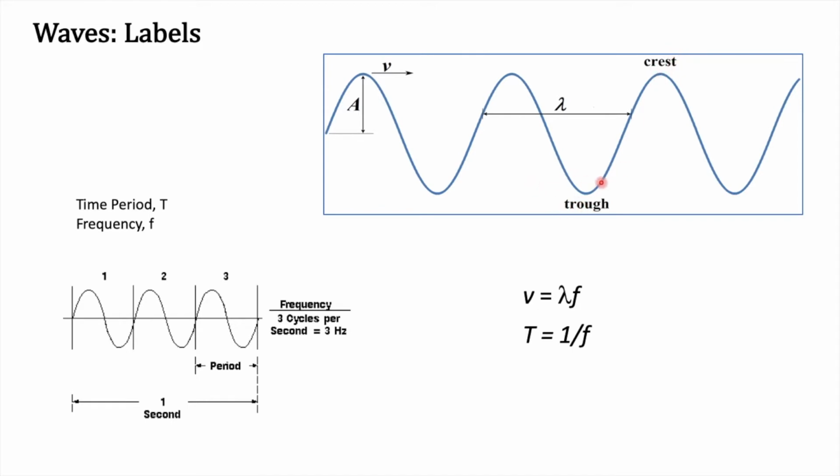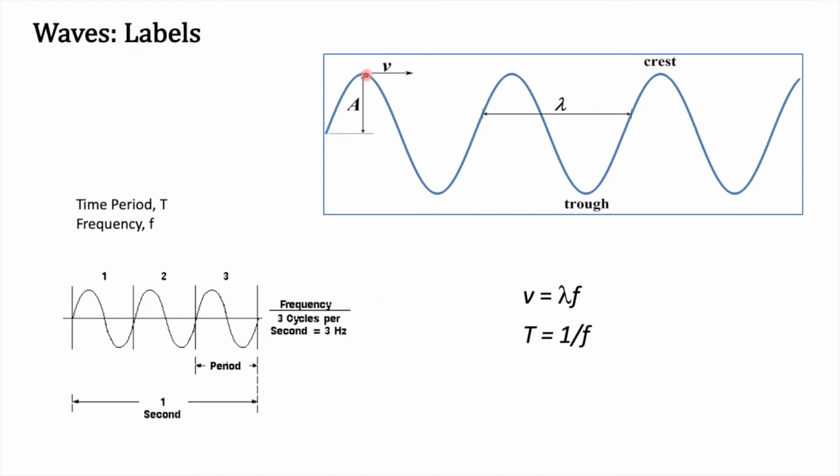The cycles per second is called the frequency. Here you can see clearly the time frame I've chosen is 1 second. How many times it makes one complete cycle in 1 second is called the frequency. Here there are 3 cycles in 1 second, hence the frequency of this wave is 3 hertz.